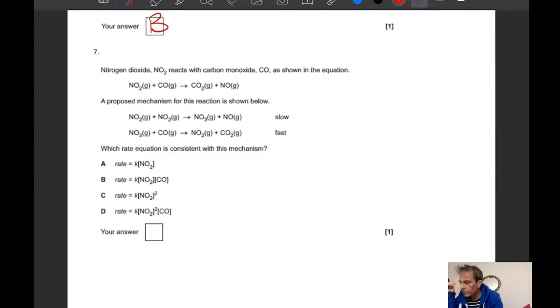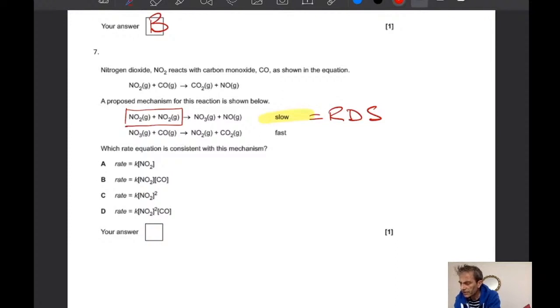Okay, so we've got a slow step and a fast step. So the important thing there is that fact that they've said that's a slow step. That means that this step is the rate determining step. Okay, so the rate determining step, the reactants basically tell you what the rate equation is.